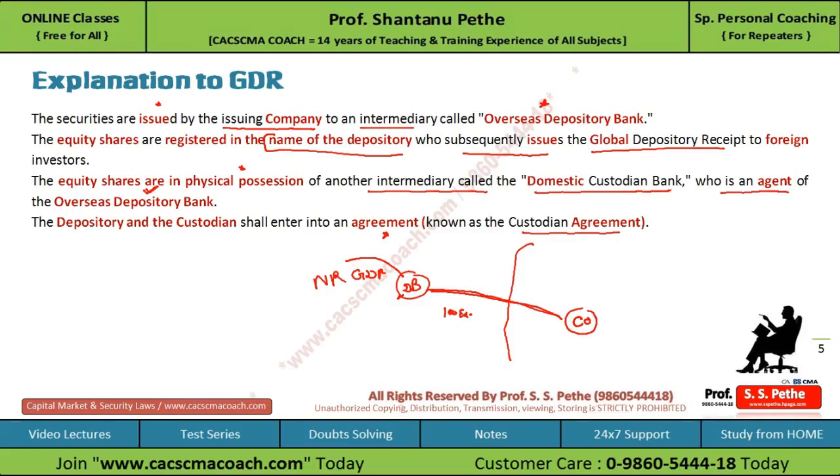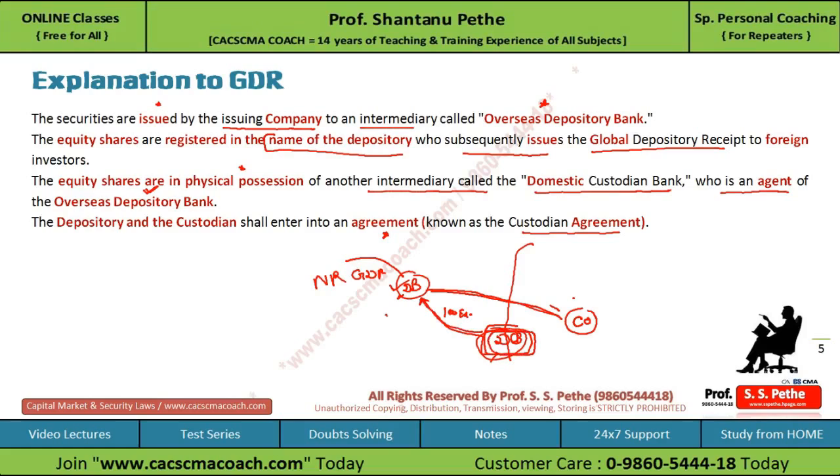So there is another body called the Domestic Custodian Bank, and this Domestic Custodian Bank is the agent of the Overseas Depository Bank, and the physical shares will be kept with the Domestic Custodian Bank. So here the issuing company issues the shares in the name of the Overseas Depository Bank, and these shares in physical form will be kept with the Domestic Custodian Bank.